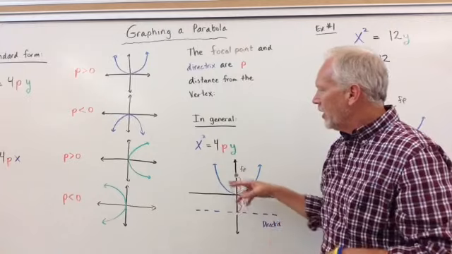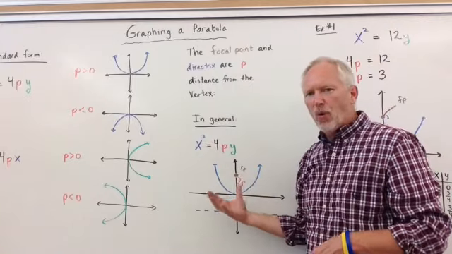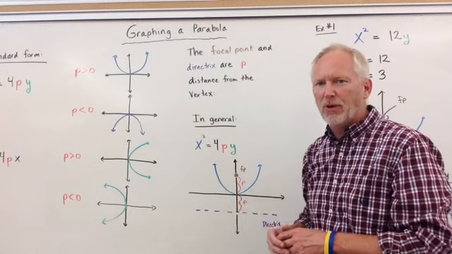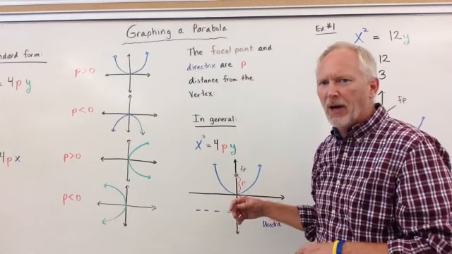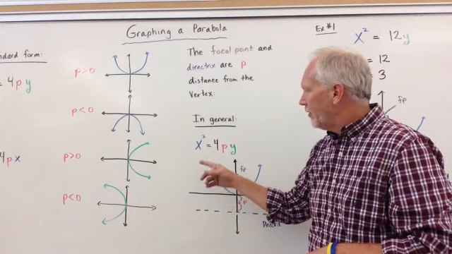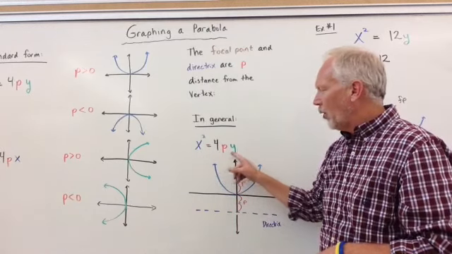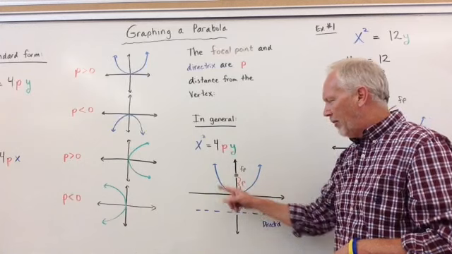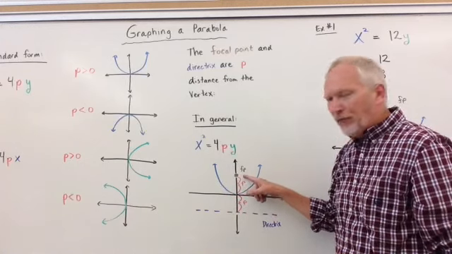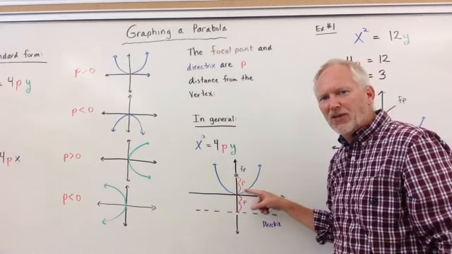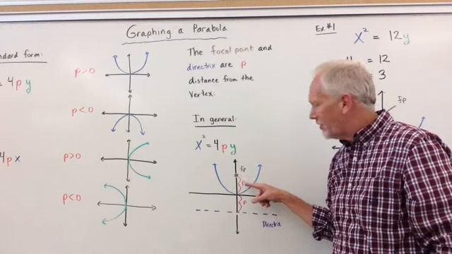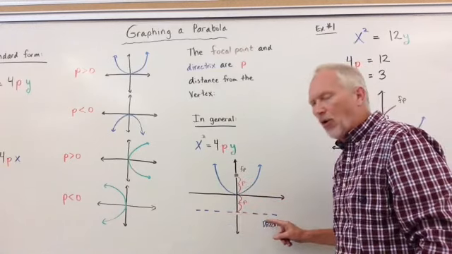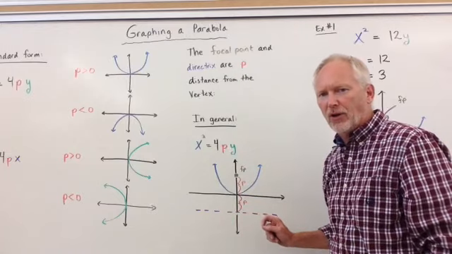So in general, if we look at a normal parabola, I'll just use this as an example. We'll look at some other examples in a minute. If we have x squared equals 4py, then we get a general positive parabola. The focal point is p distance away from the vertex, and the directrix is just either a horizontal line or a vertical line.